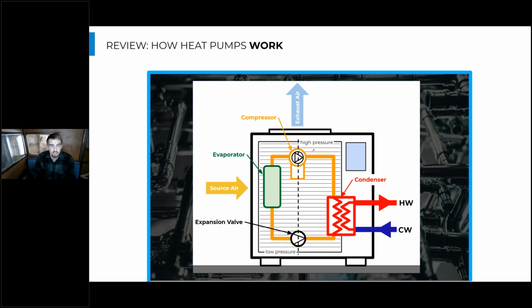It's compressing this refrigerant and causing it to have a really high pressure on the right side of this loop. And then we have an expansion valve on the other side here that's slowly trickling refrigerant back to the low pressure side of the loop.